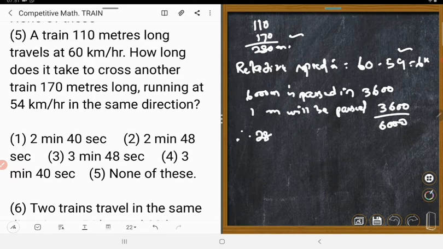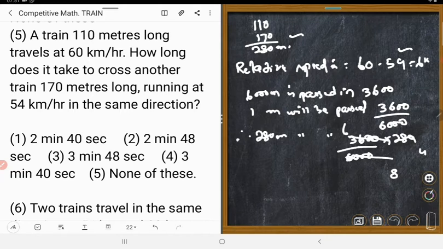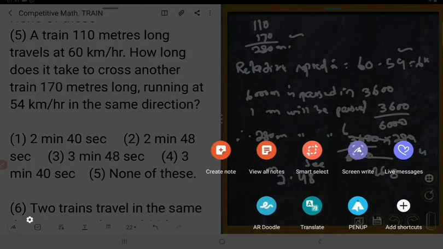Therefore 280 meters will be passed in 3,600 upon 6,000 into 280. The zeros cancel, 6 da, 6 8 da 48, 8 here 4, 6 2 da 12 plus 4 16, 168 seconds. 168 seconds means 2 minutes 120, 2 minutes 48 seconds. This is a minute, this is a second, right?